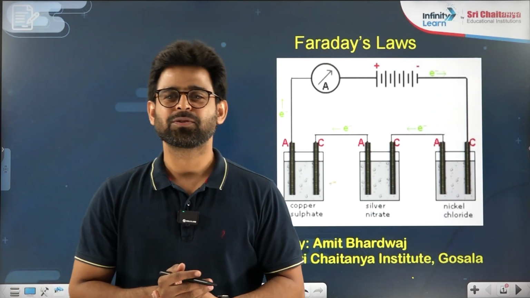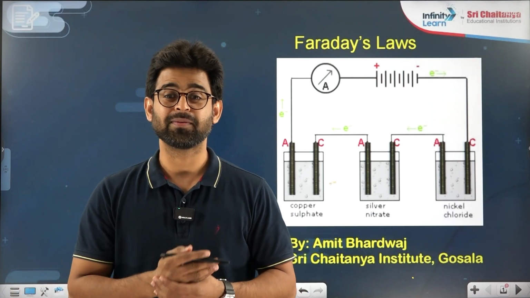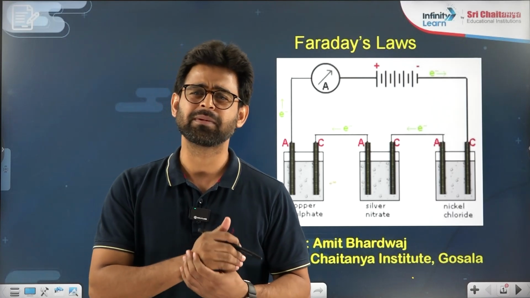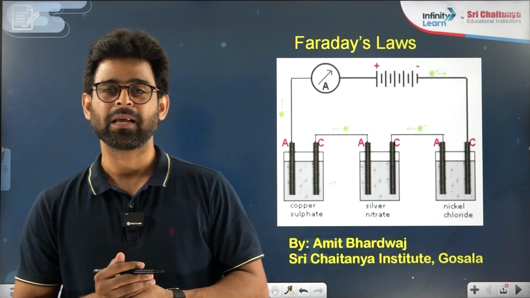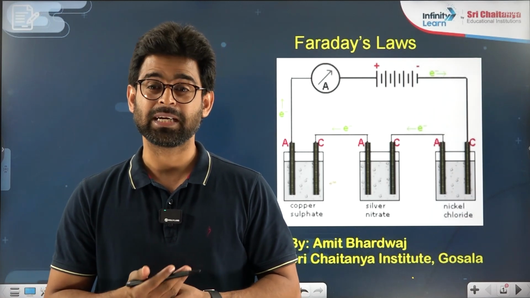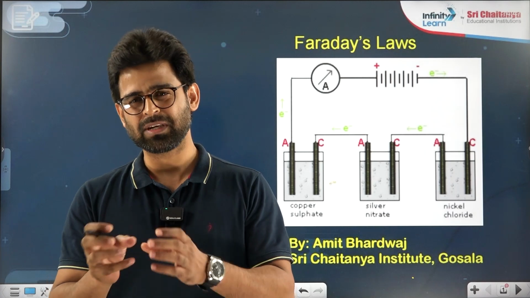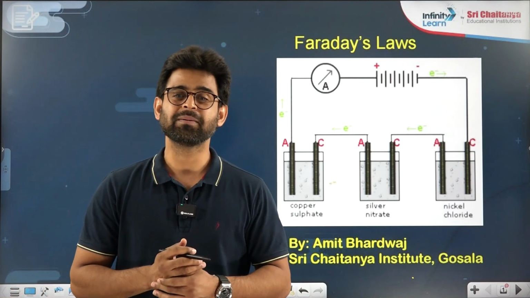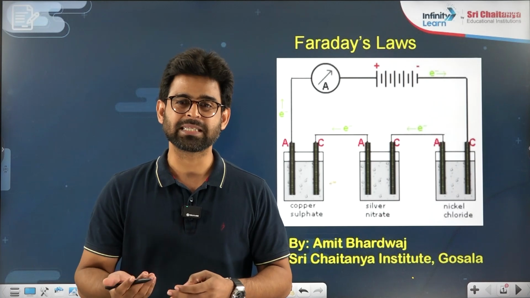Today we are going to revise a very important topic from electrochemistry named Faraday's law. Just for introduction, as we have done before, electrolysis has two types of questions mainly. One is based on the qualitative aspects.